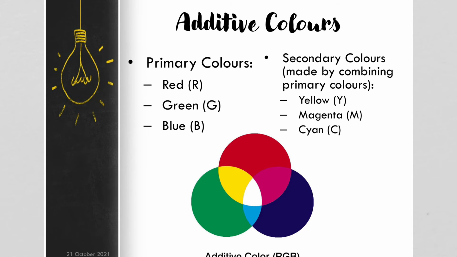So this is what I just talked about. The primary colors of light are red, green, and blue, RGB. The secondary colors, which are made by combining primary colors, are yellow, magenta, and cyan.